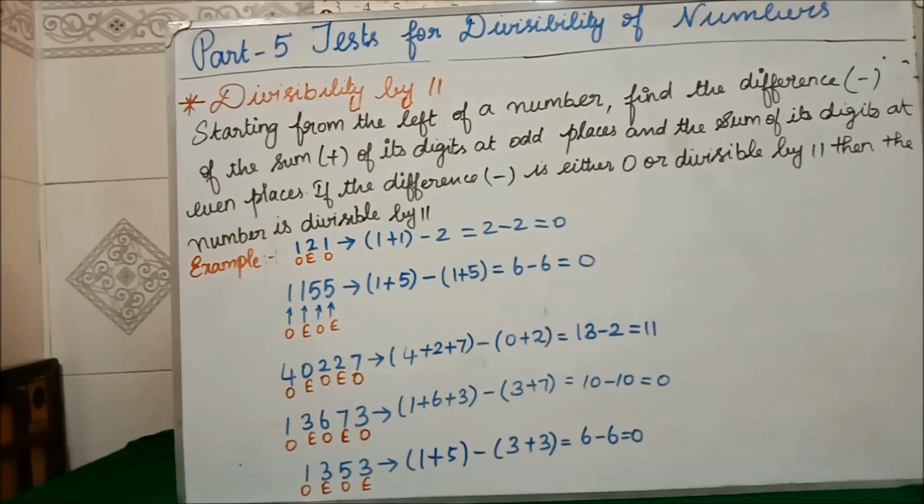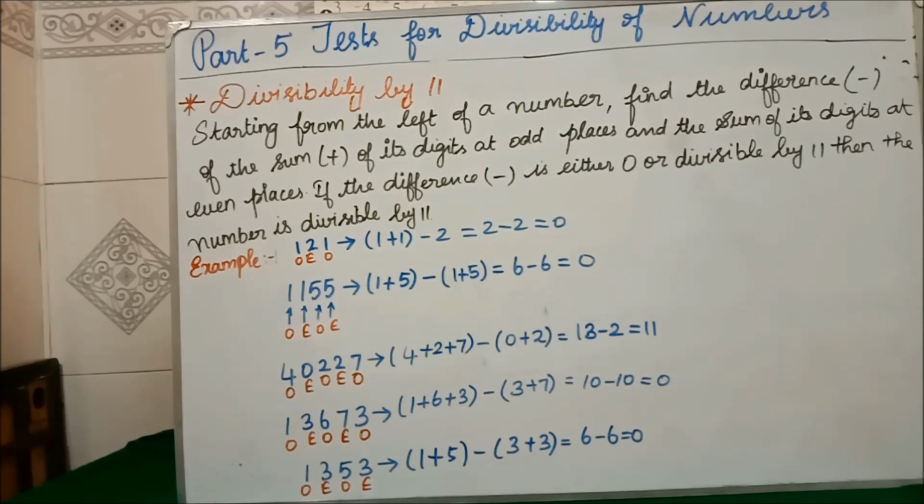We have to find the difference of the sum of its digits at odd places and the sum of the digits at even places. Clear? If the difference is either 0 or divisible by 11, then the number is divisible by 11.